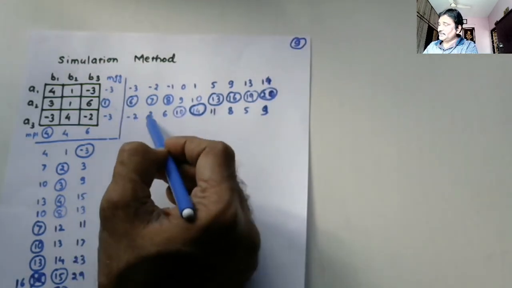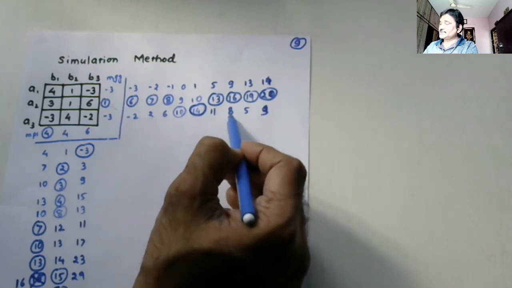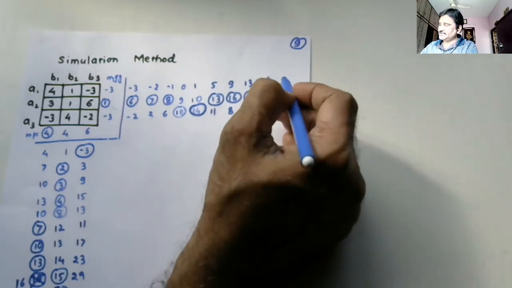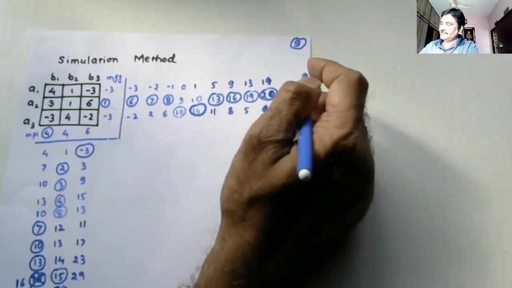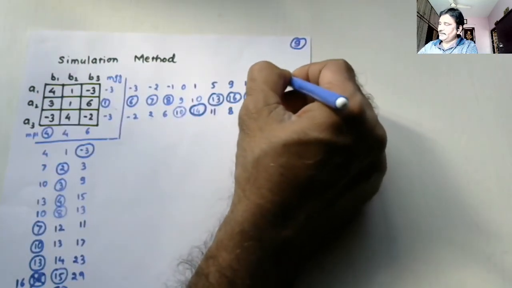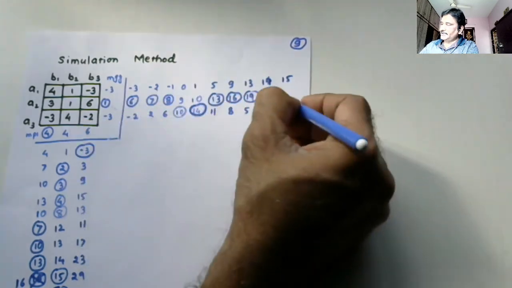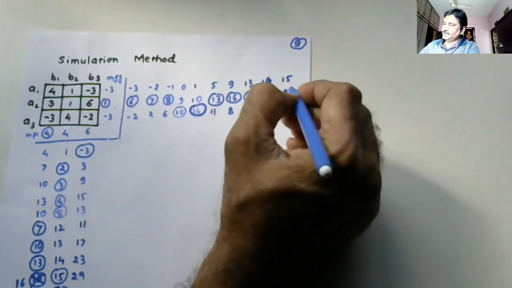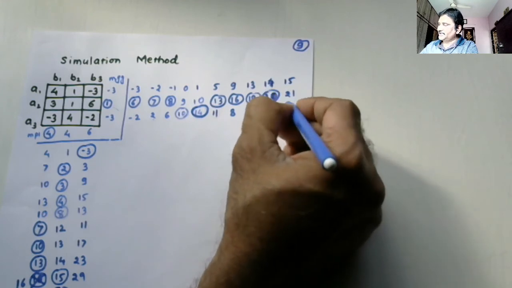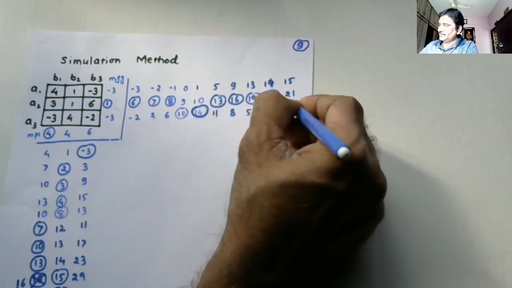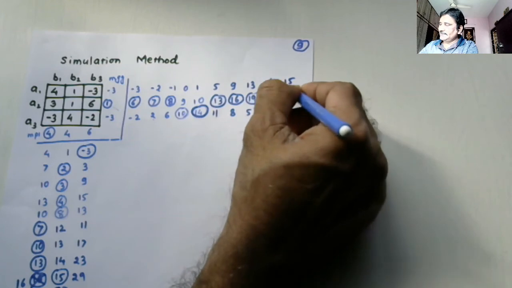Now just count 1 2 3 4 5 6 7 8 9, and lastly this is 10. I will be adding these values here, so it will be 15 and then 21 and then 9 plus 4, 13. So again this is selected.